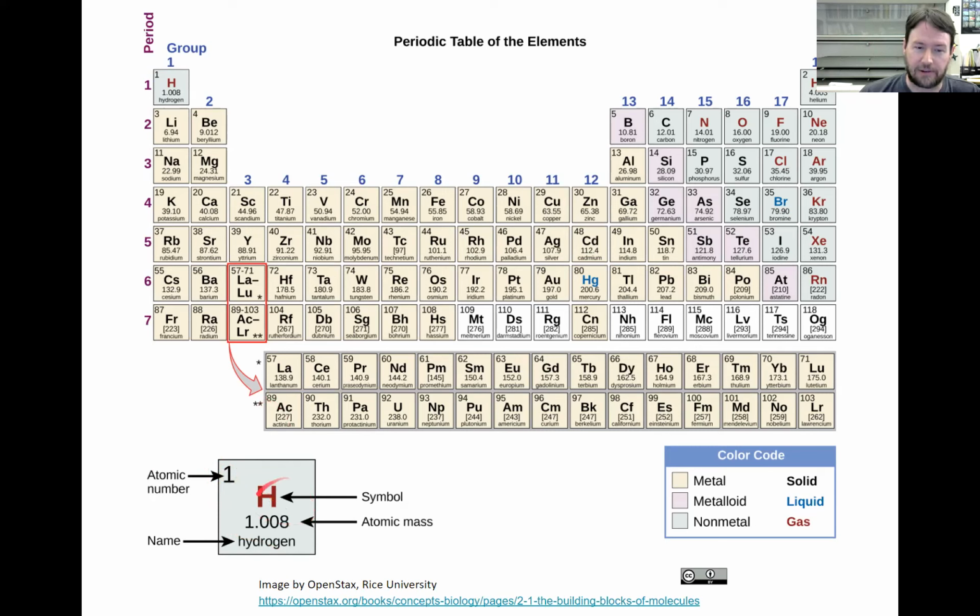Then there's a symbol for that atom. So H is hydrogen, and then there's maybe a few others that start with H, like helium, and Hg is mercury, and I assume it's from some ancient Greek version of mercury, right?